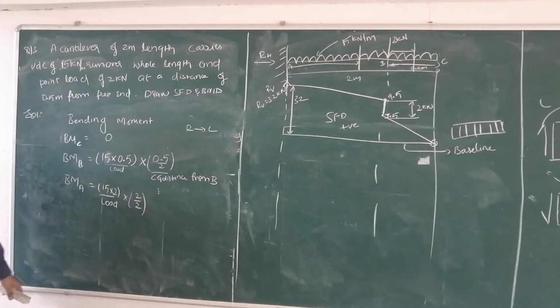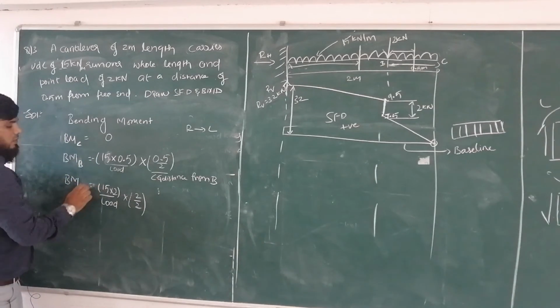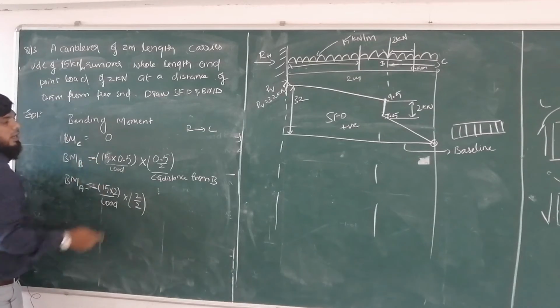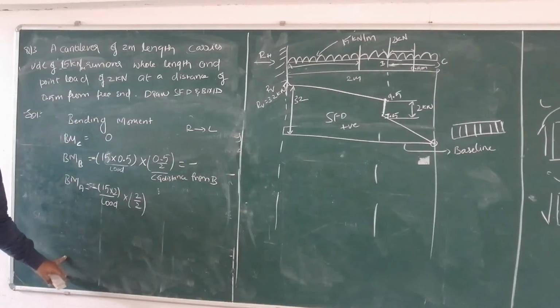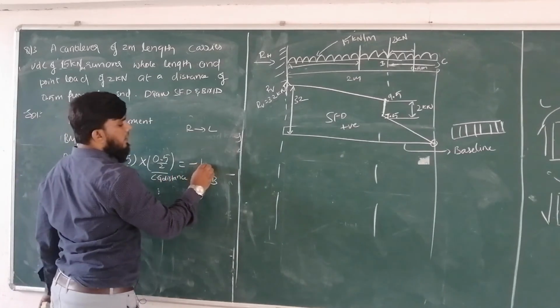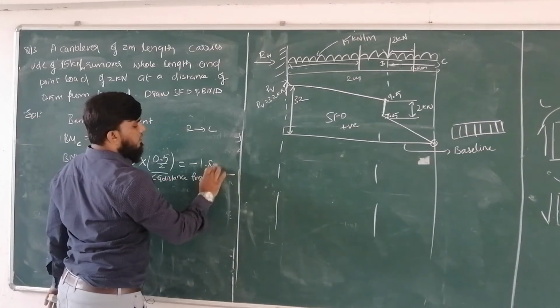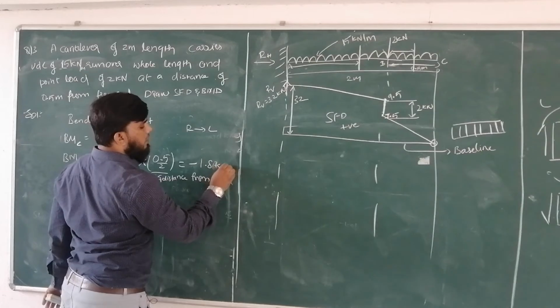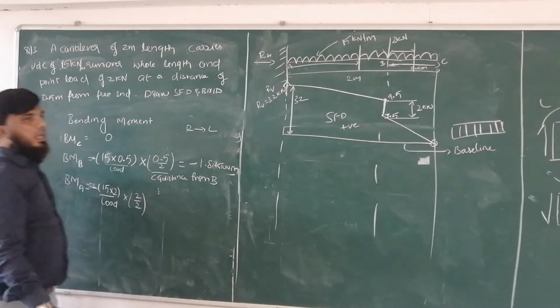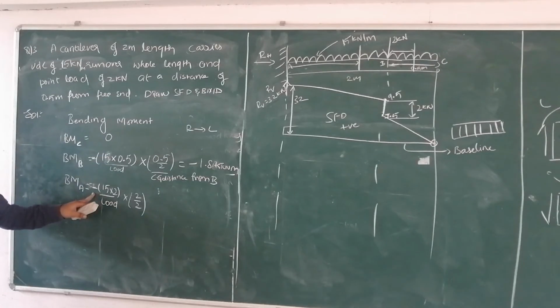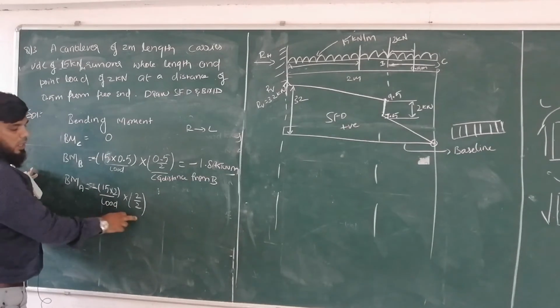Sign is here minus. So what will be the value of this? This is minus 1.875 kilonewton meter. Next is this also minus 1. We have solved one load and distance.